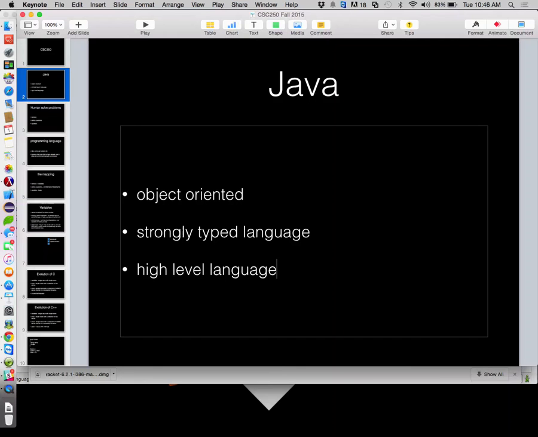Go ahead. One word for many commands on a computer. Okay, so in high-level languages, every line of code translates into multiple instructions, multiple magic tricks that the CPU knows how to do, right? Low-level language, it's one-to-one. So every line of code you write translates into one instruction the CPU knows how to do. And machine languages are zeros and ones. Human beings don't work that well with those. Okay, we screw up too much.